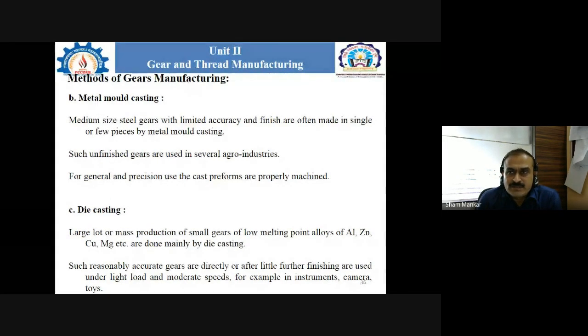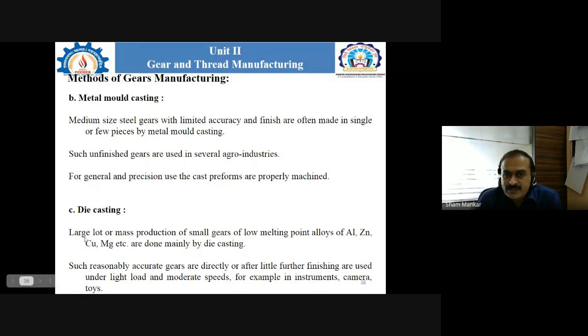Now the next process we are going to consider in the casting process is the die casting process. Normally, when we want to produce a component in large numbers, for mass production, and the size of the gear is small, then we select the die casting process.